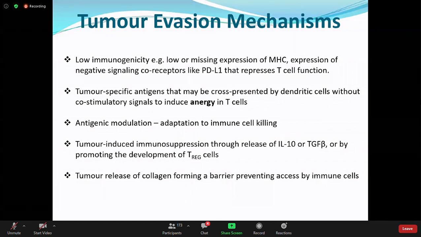The other thing is that over time, as these tumor cells develop, they can manipulate these co-stimulatory molecules like CTLA-4. Remember, CD28 on T cells needs to see B7 on dendritic cells. The downregulatory signaling molecule is CTLA-4.